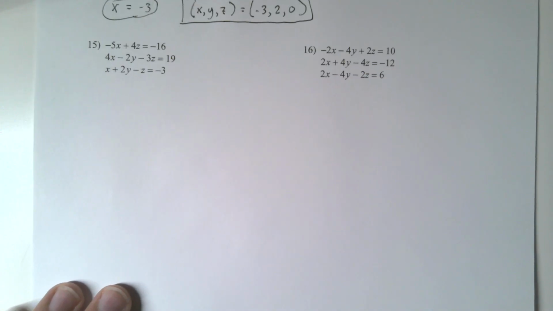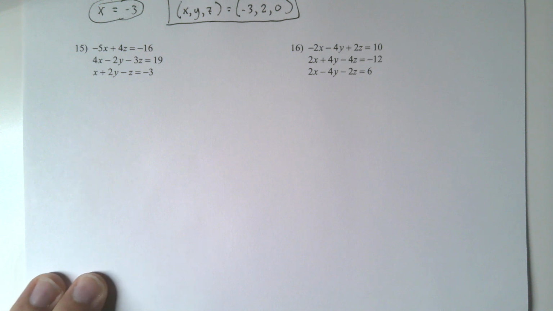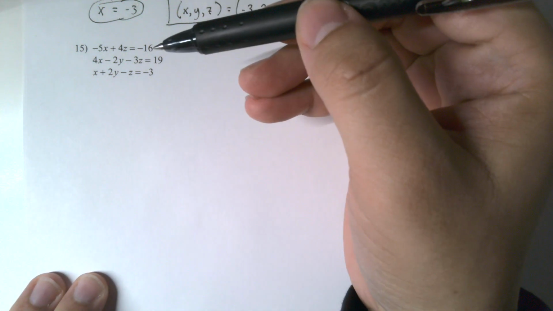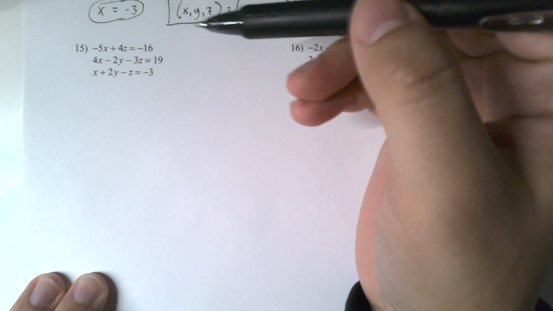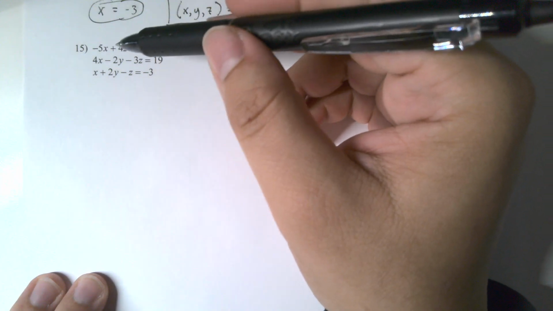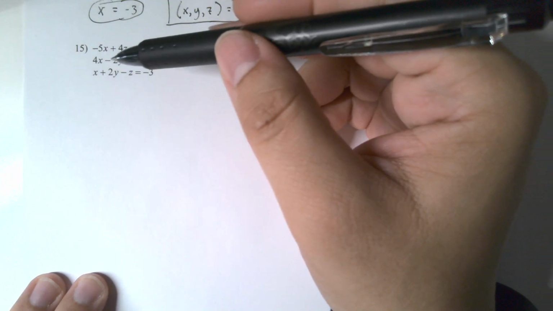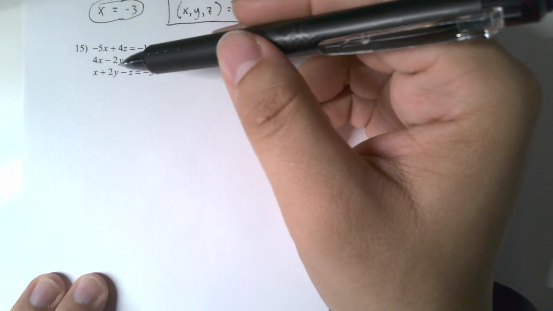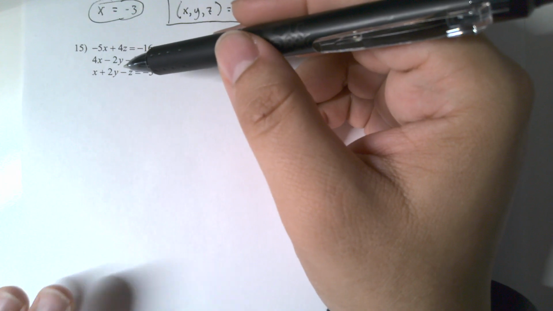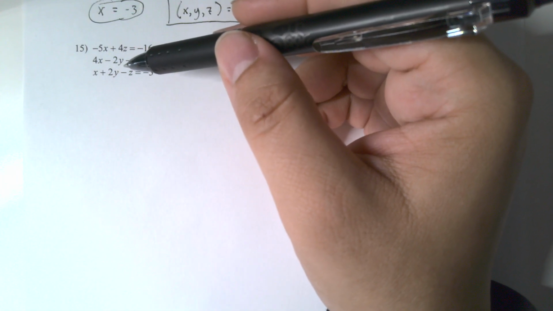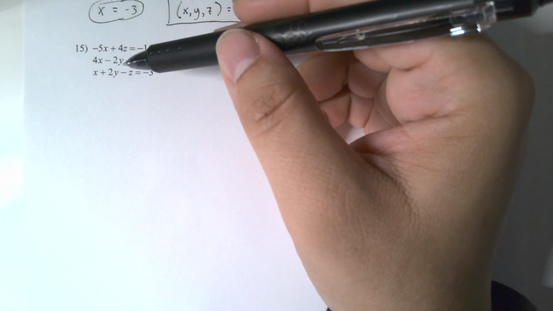All right, last one. So let's see. Okay, well, notice that in the top equation, we're already missing a y. That's good. And if we use equations 2 and 3 together, we're also missing y. Or we can add those two equations together to make y go away.